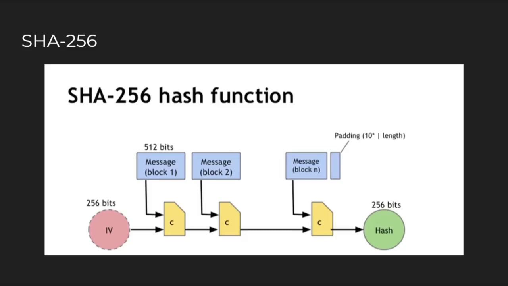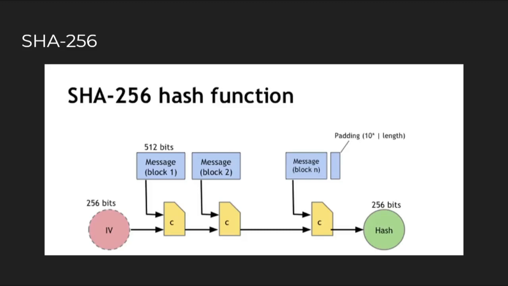One of the most famous hash functions that is used is one developed by the National Security Agency called SHA-256. It outputs messages that are always 256 bits. And the algorithm that the NSA created in order to hash a message follows all three properties of hash functions.